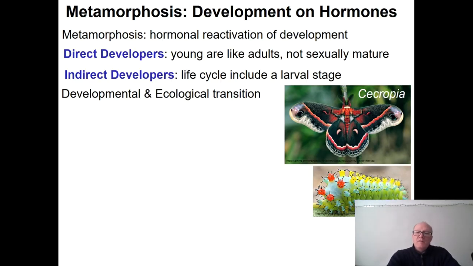In this Cecropia moth, the caterpillar, the larva stage, basically eats a lot, so it is the stage where the animal acquires energy, fat, and protein, while the adult stage, the moth after metamorphosis, does not eat at all. They don't have mouth parts, they don't have a digestive system, and the only role of the adult is to reproduce.